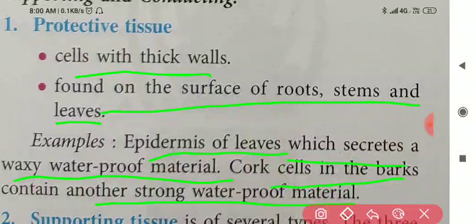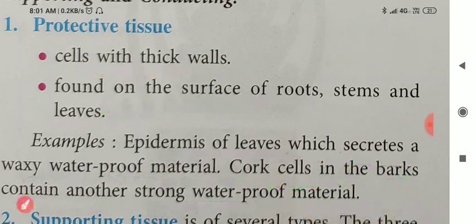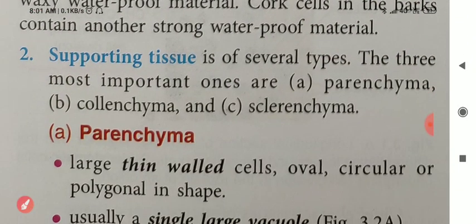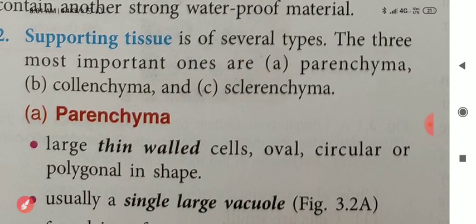So these are the examples of protective tissue: cells with thick walls found on the surface of roots, stem and leaves. Next we have supporting tissue, my dear students.